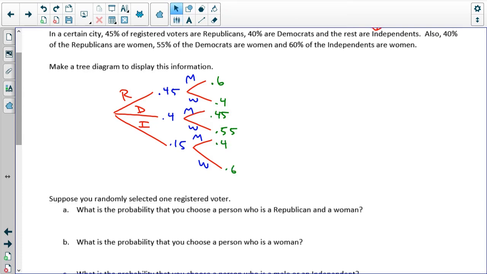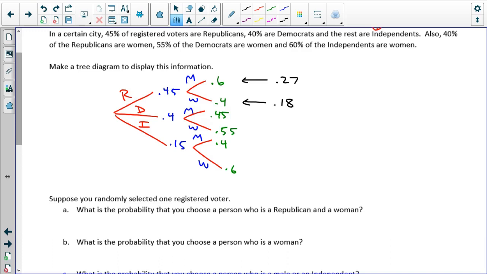So if I just multiply all of these all the way across, I end up getting all of the probabilities. So probability of a Republican male is 27%. Probability of a Republican female was 18%.